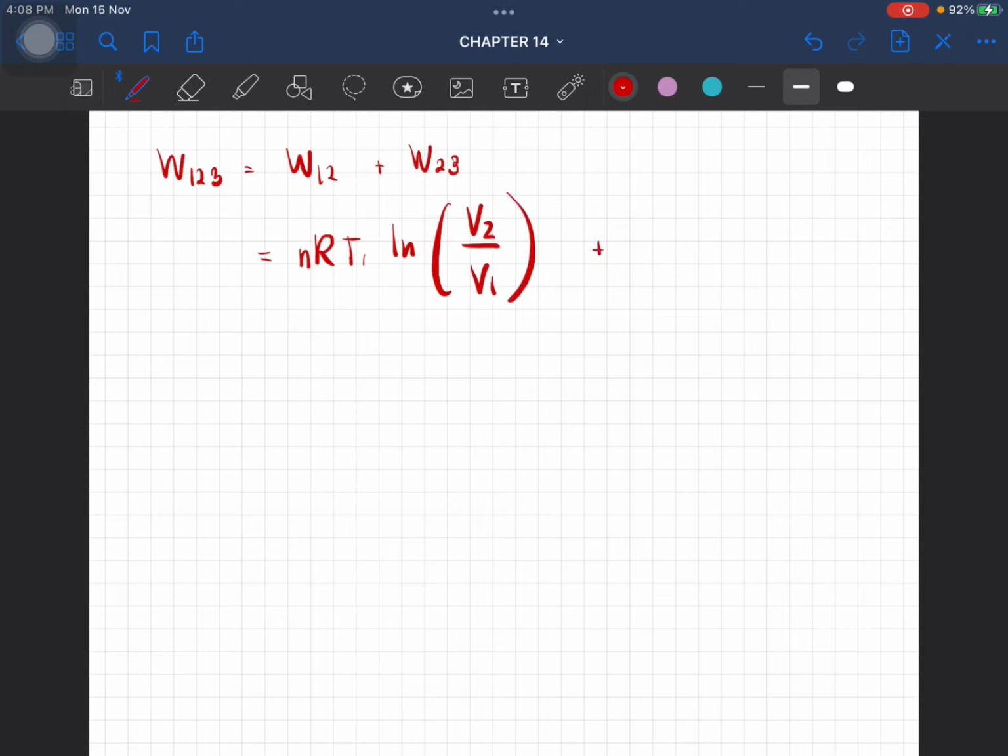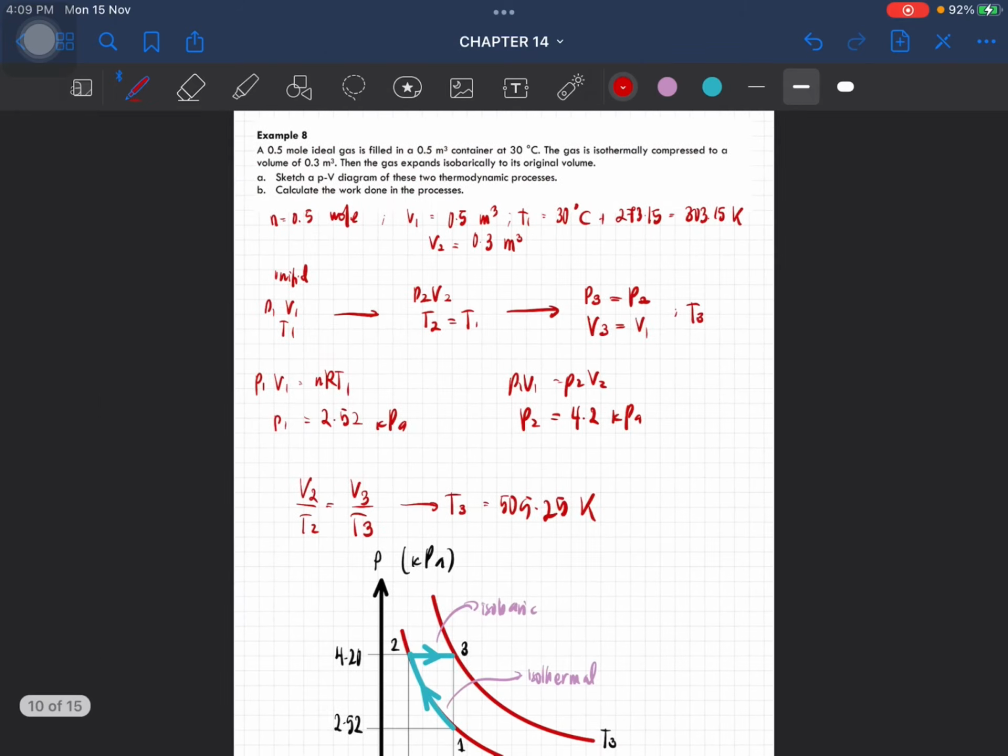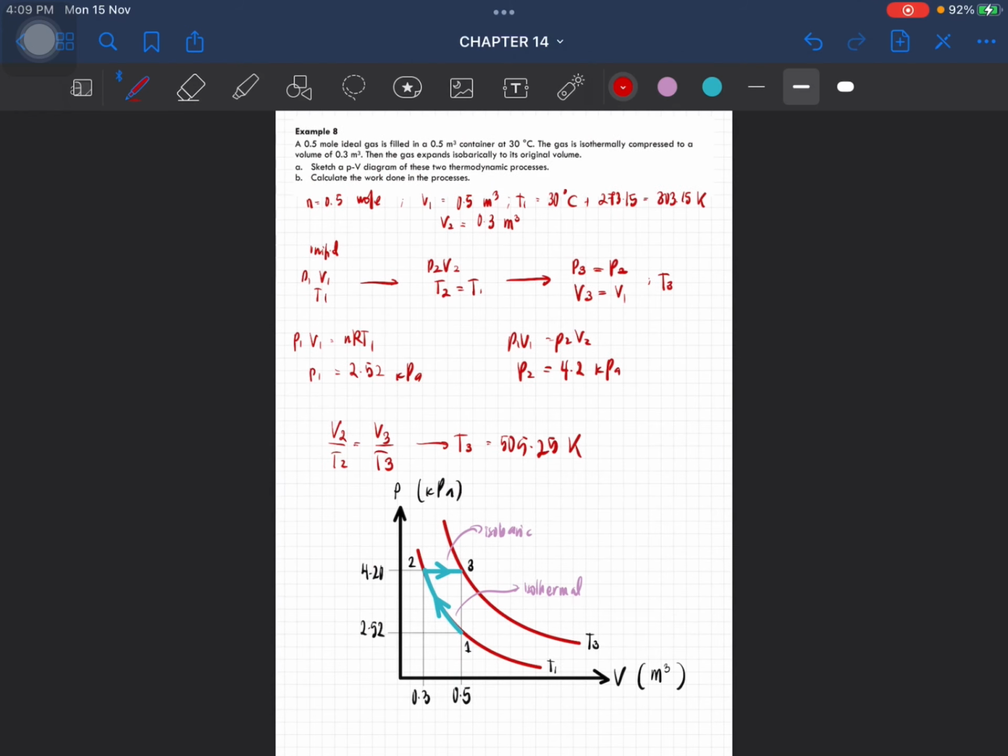And then for isobaric expansion, it is P2 times V3 minus V2. So that is the formula. Then you just have to calculate them. You should get negative 643 plus 840. Total is 197 joule as the total work done. Okay, so that is the solution for example number 8.